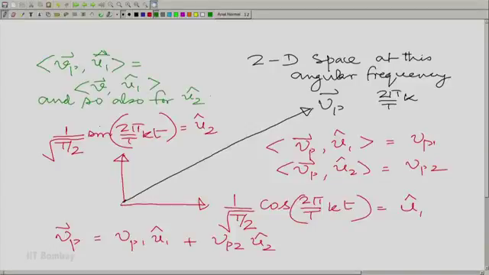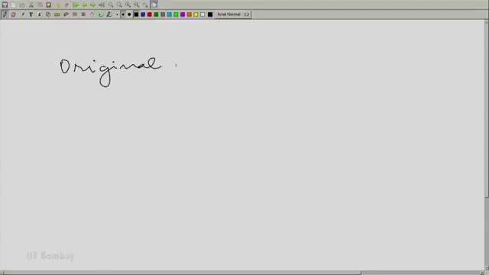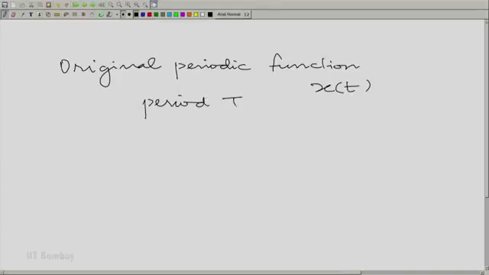So, in other words, when we begin with the original periodic function, let us call it x(t) with period T, how do I get the particular component a_k cos(2 pi by T kt plus phi_k)?